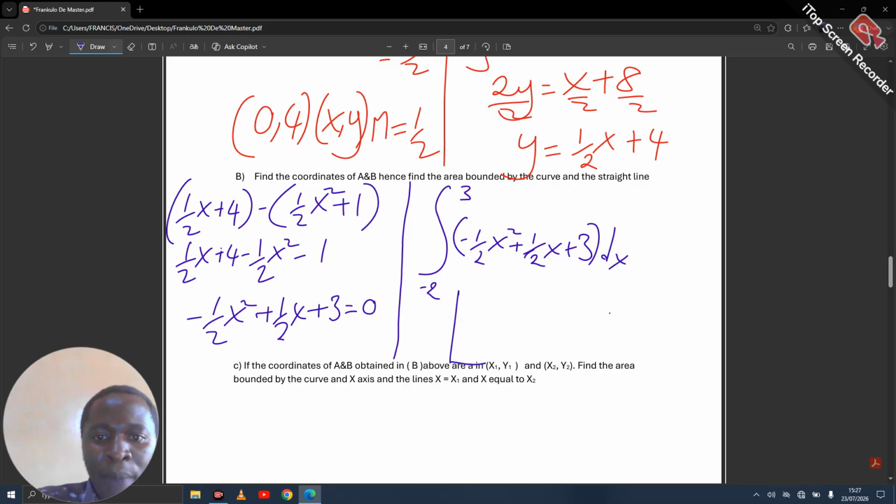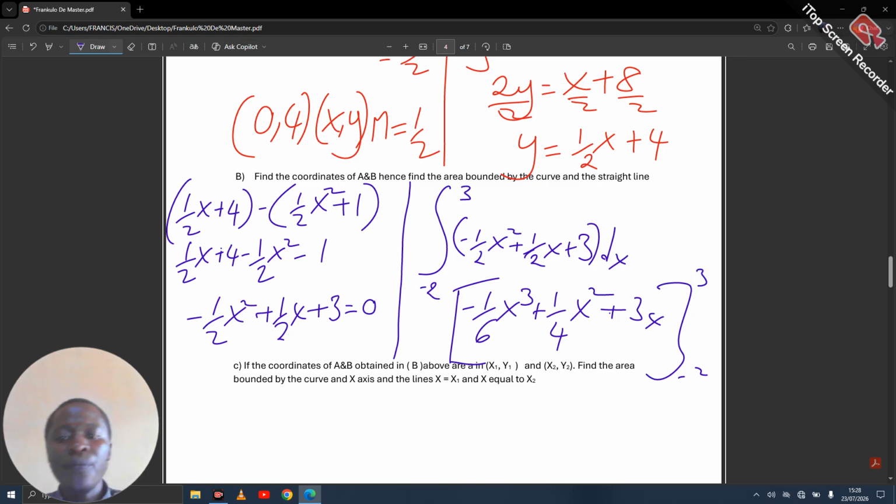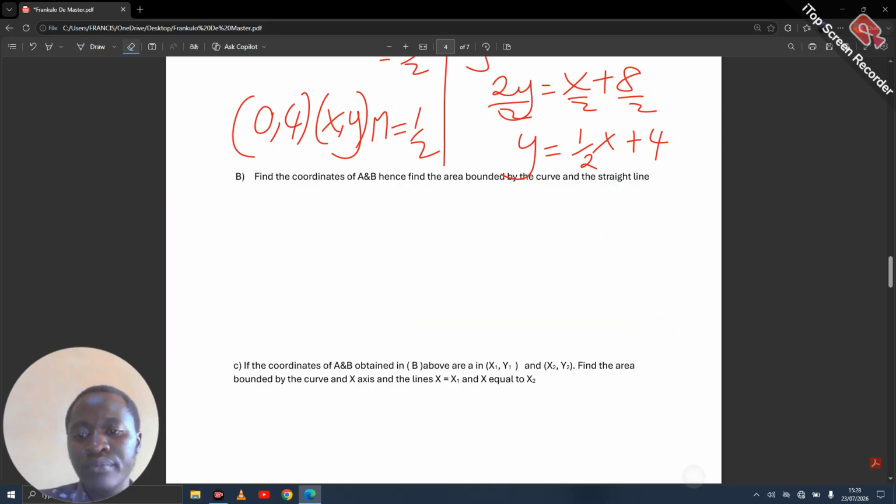So upon integrating this, we shall have negative 1 over 6 x cubed plus a quarter x squared plus 3x, all the way from negative 2 to positive 3. So let me wrap this section, then we continue. I hope you had the previous arithmetic captured with you.